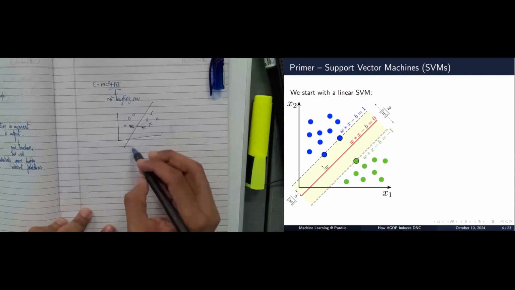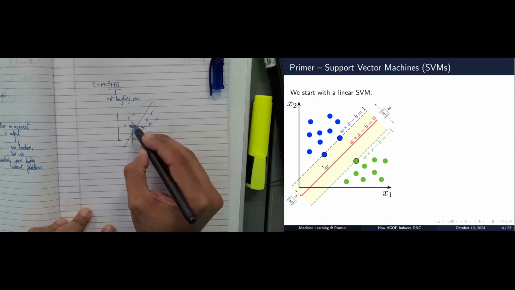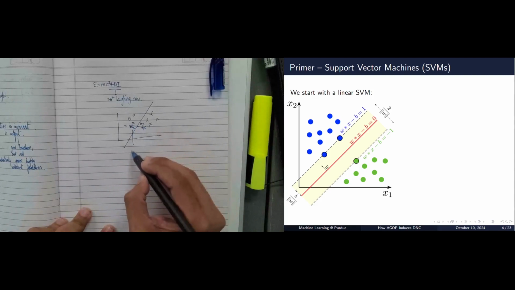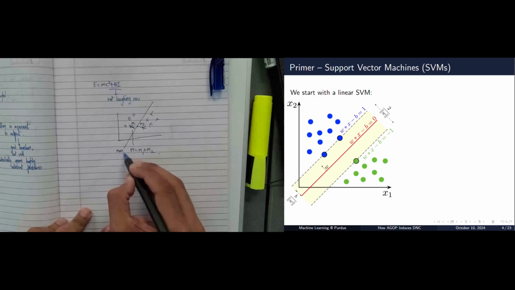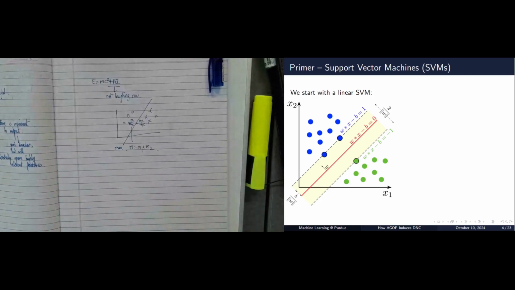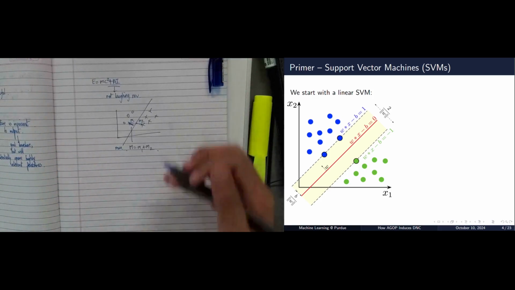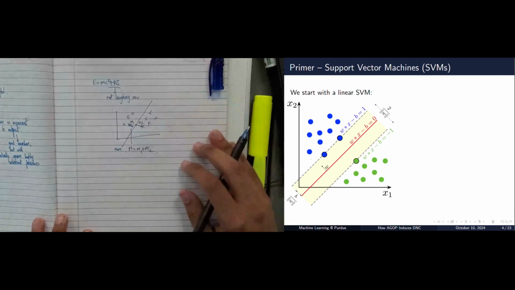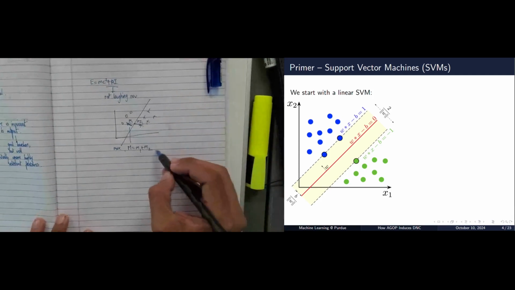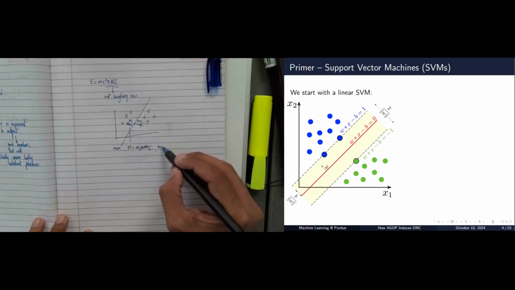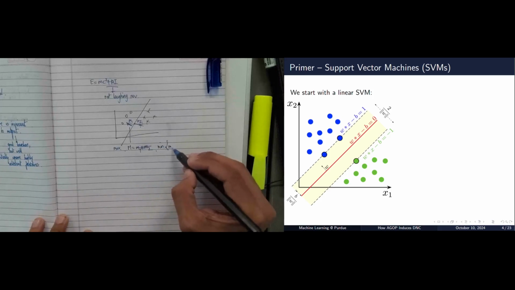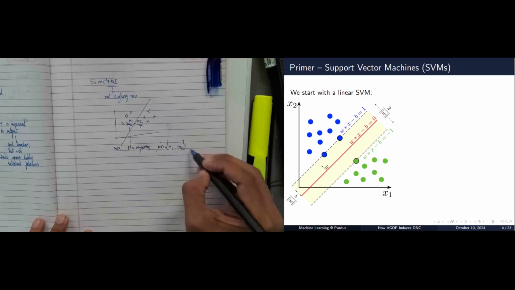I sum this up, and this sum, m sub 1, m sub 2, basically becomes my margin, and the goal is to maximize this margin. So, I guess, maximize the minimum of M1 and M2. I think that is the actual thing.